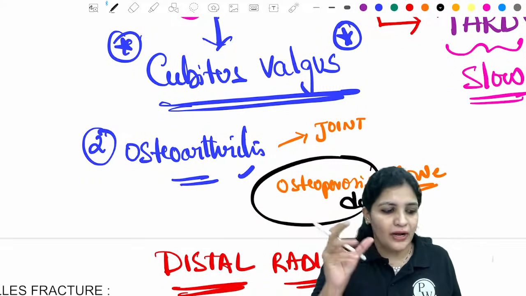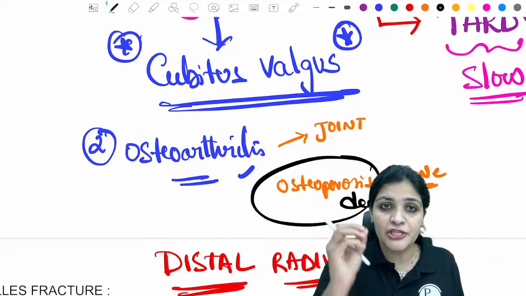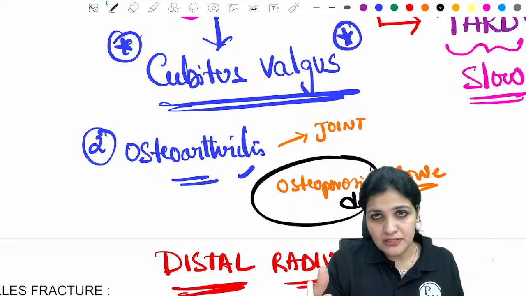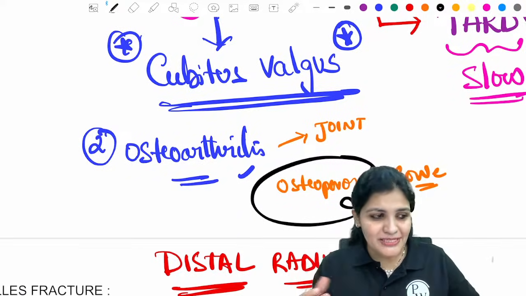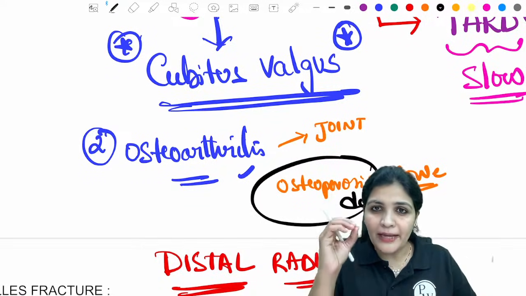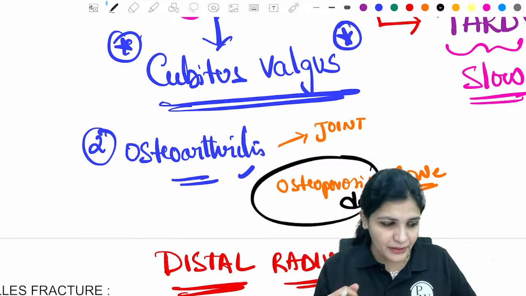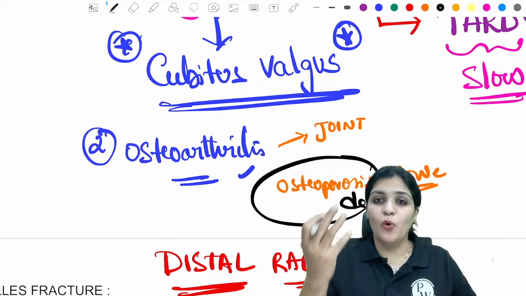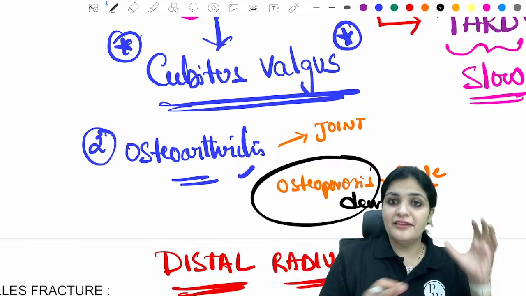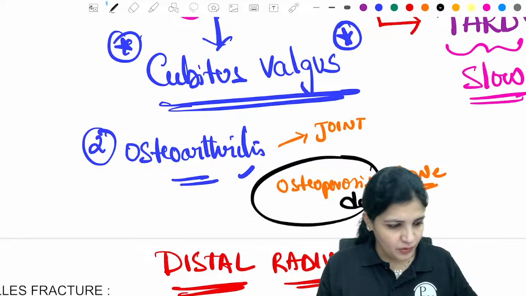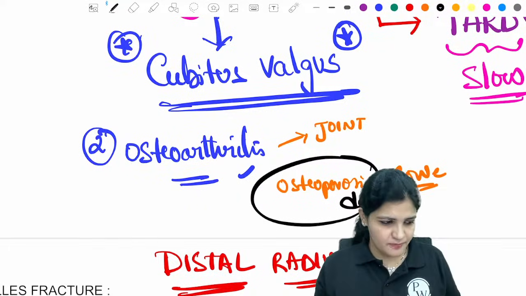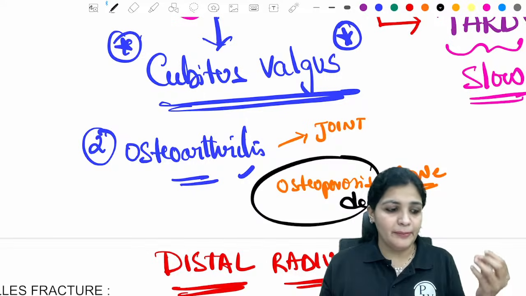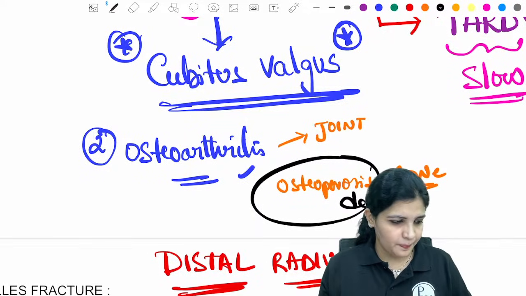So osteoarthritis is the inflammation of the joint, occurring because of degeneration. Osteoporosis is the bone: the bone can become weak and the density can decrease. When you see the bone density is decreased, you say the bone is osteoporotic. Here you say the joint is arthritic. That is the basic difference. We will deal with it tomorrow, when we discuss metabolic bone diseases.